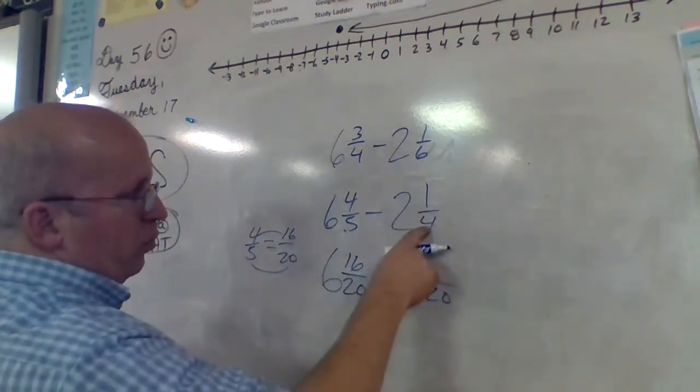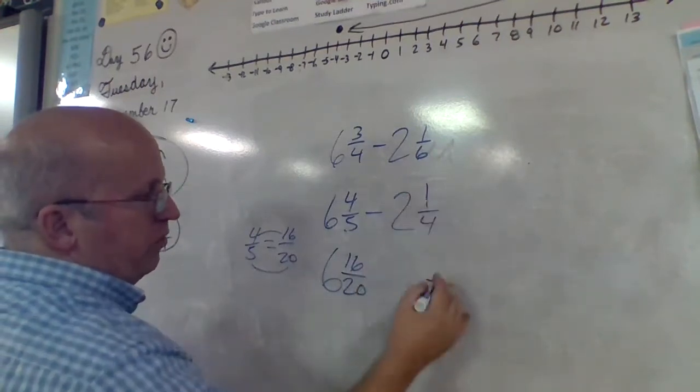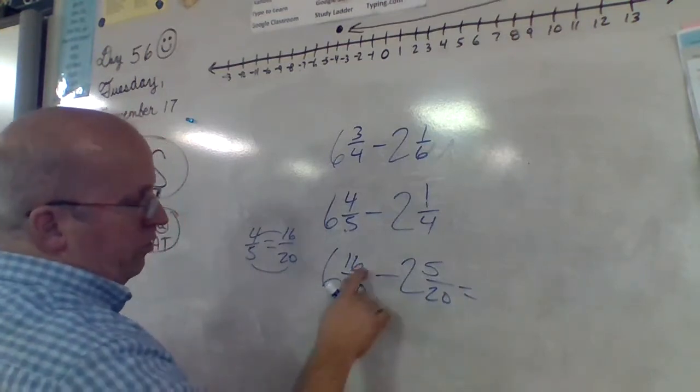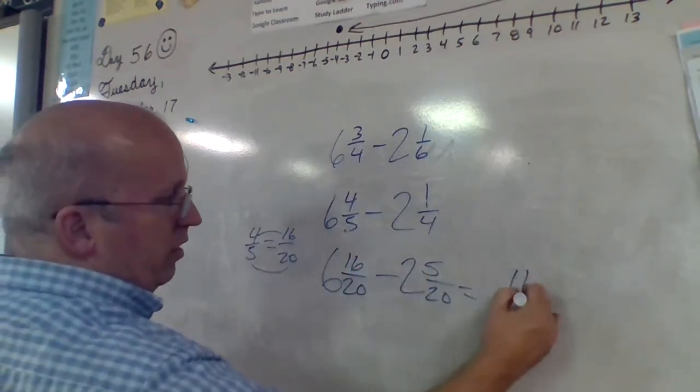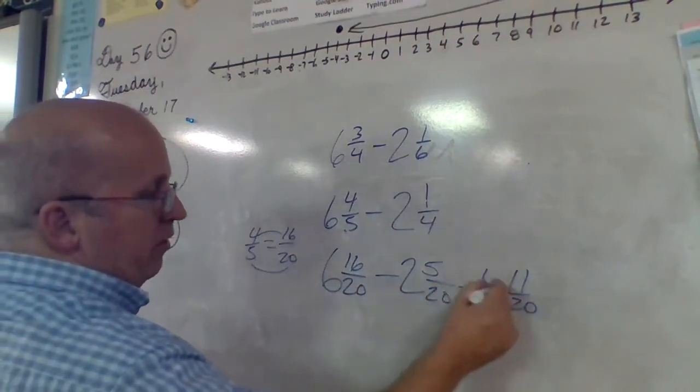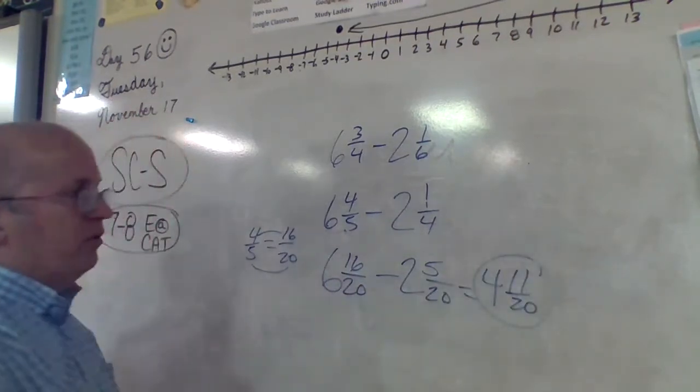How about this one? 4 times 5 is 20, so 1 times 5 is 5. What's 16 minus 5? Isn't that 11? And what is 6 minus 2? Isn't that 4? 4 and 11/20.